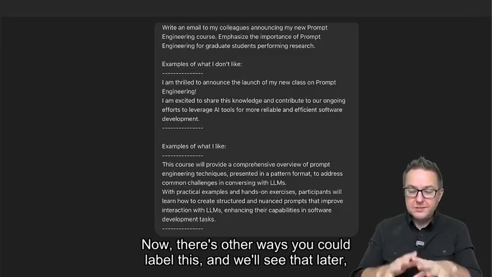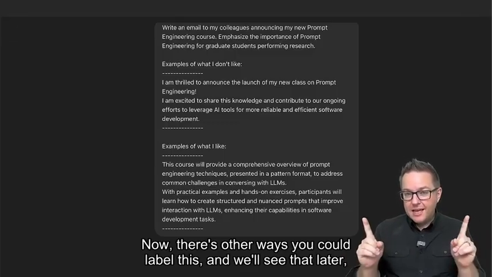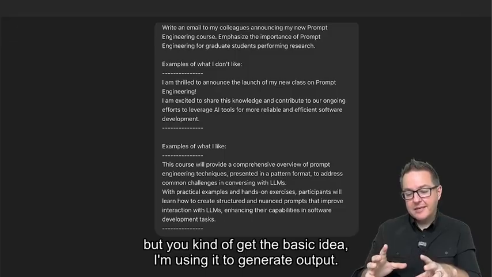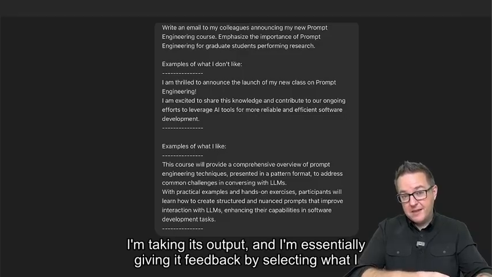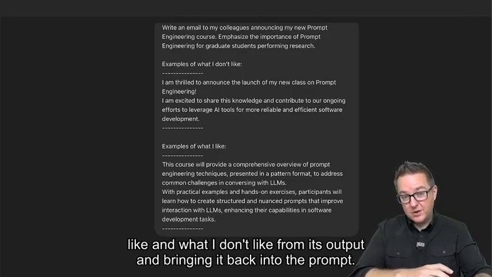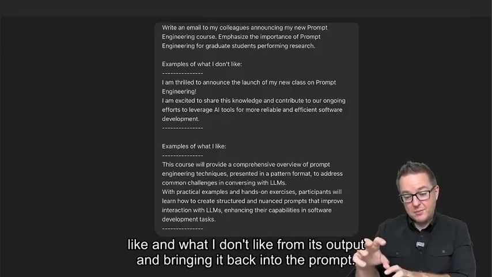Now, there's other ways you could label this, and we'll see that later, but you get the basic idea. I'm using it to generate output, and I'm giving it feedback by selecting what I like and what I don't like from its output and bringing it back into the prompt.